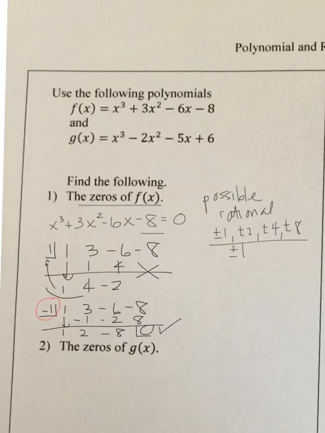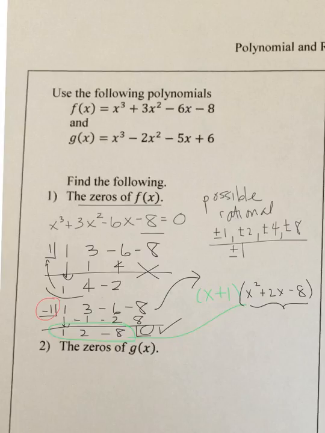So now we're going to say, okay, since negative 1 was a zero, that means that x plus 1 is a factor. And then looking at these coefficients, we're going to have x squared plus 2x minus 8 as the other factor. But then this can factor more.